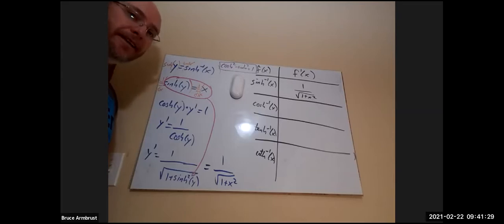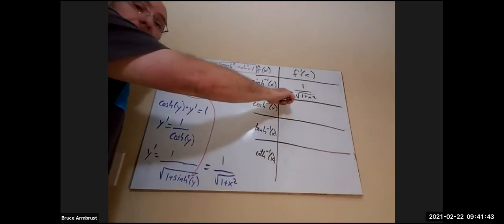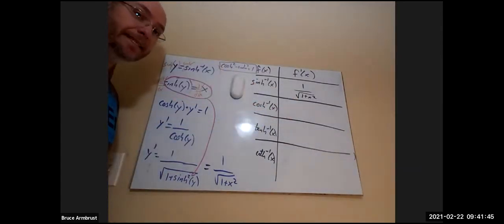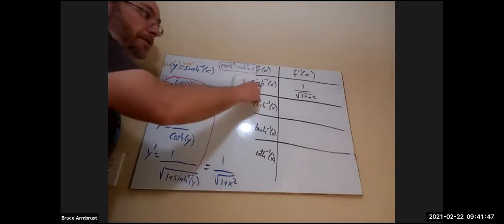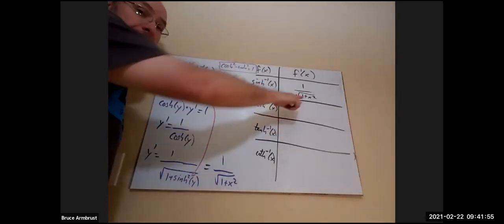All right, now maybe you're starting to see why this is going to matter. Think about integrating. If we were to get a form that looks like this, that we're asked to integrate, we now know it's going to give us inverse sinh. And you've seen forms like that.